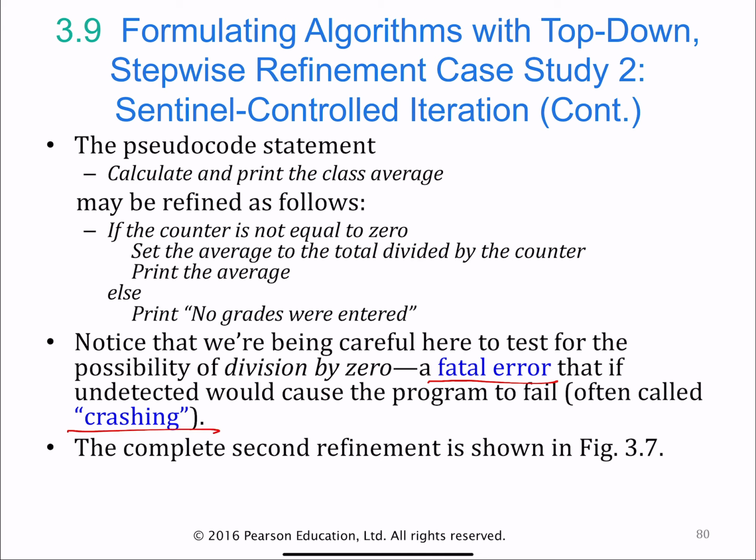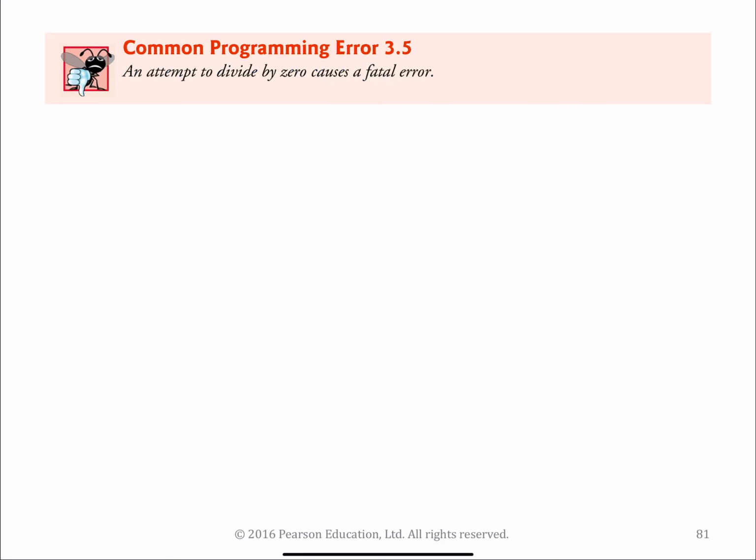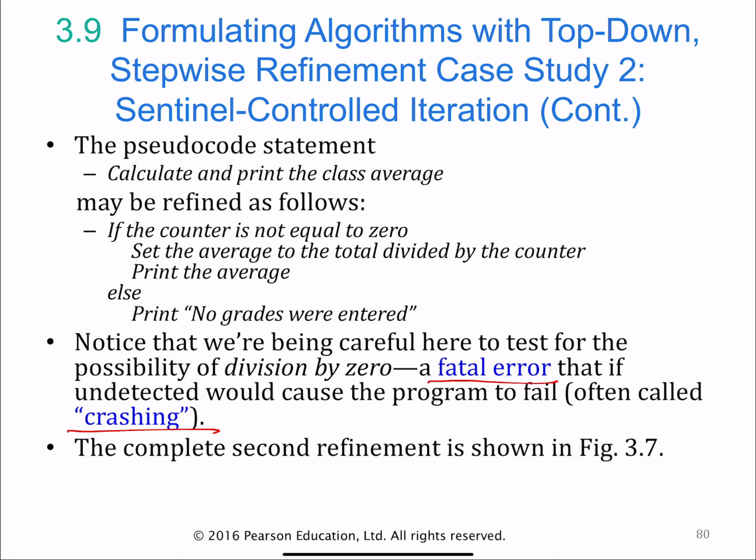So you have to check for that situation to make sure your program does not crash. In the last step, we do that with an if-else block. If the counter is not equal to 0, then you compute the average by dividing total by the value in counter and print out the average. Otherwise, you just print out this message: no grades were entered.